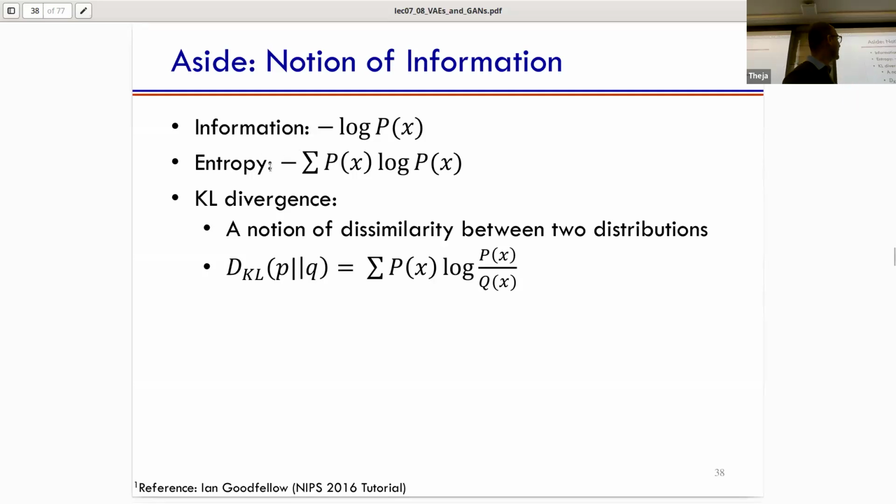And then entropy is just the average of this information quantity. Okay, so you can take the negative log of p of x, then you can think of the sum over p of x times this negative log of p of x as the average information in this random variable, or the distribution of this random variable. So think of a random variable which is a binary random variable, which with probability 0.9 takes value 0, and with probability 0.1 takes value 1.